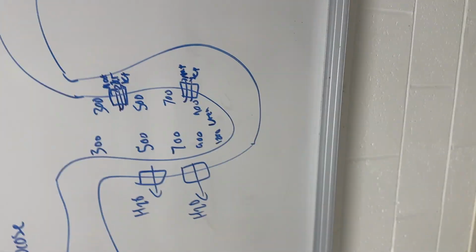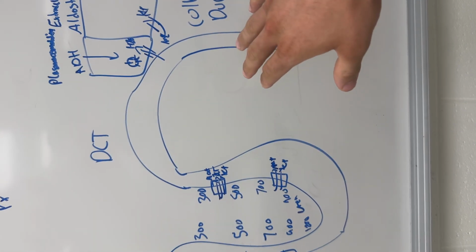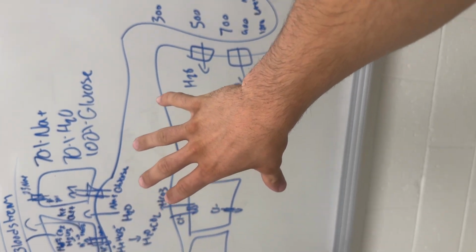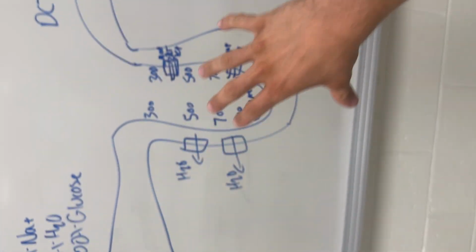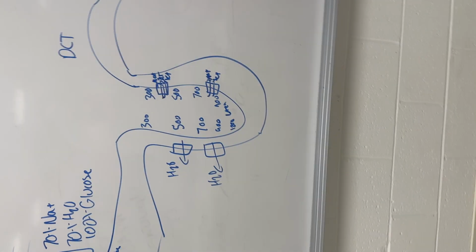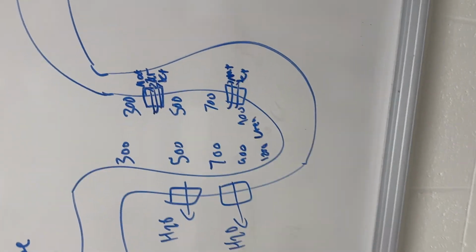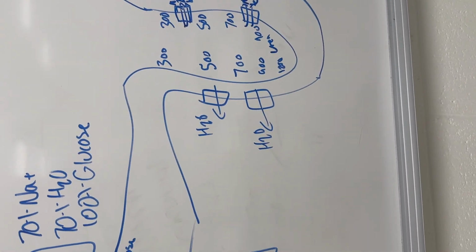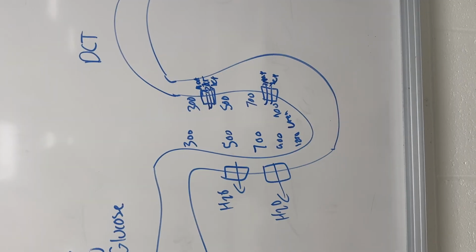So it's important to know that our capillaries, our peritubular capillaries, run this way, and our peritubular capillaries run this way. So what's happening here is as we go down the descending loop of Henle, we're releasing H2O into the blood.